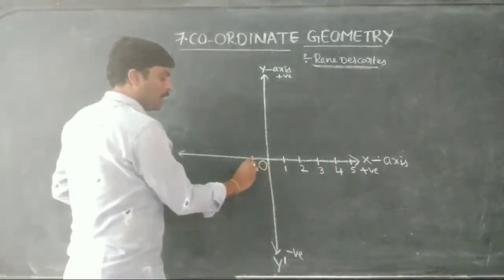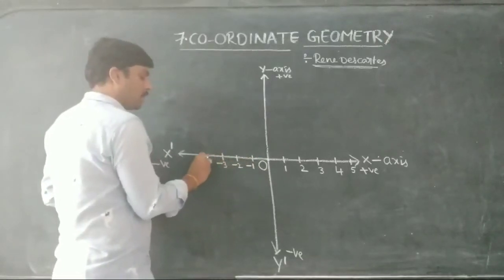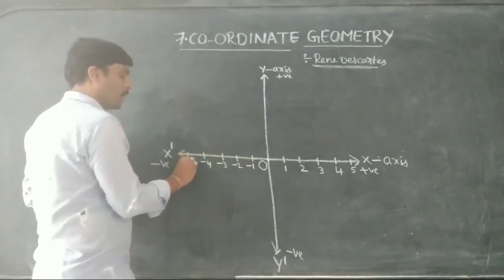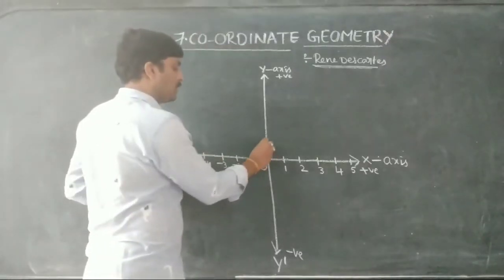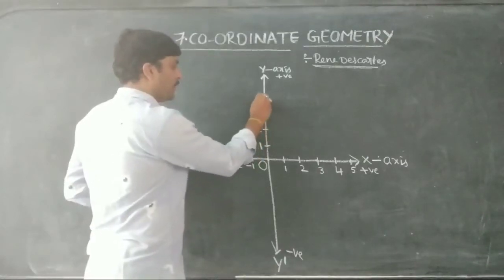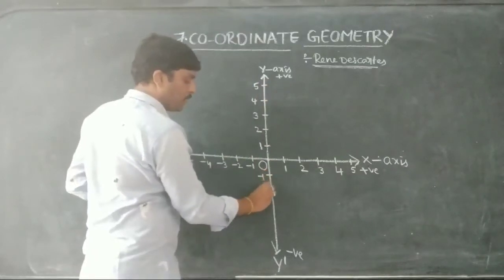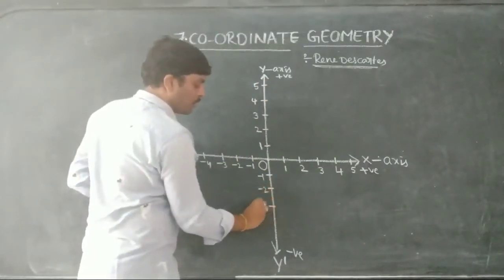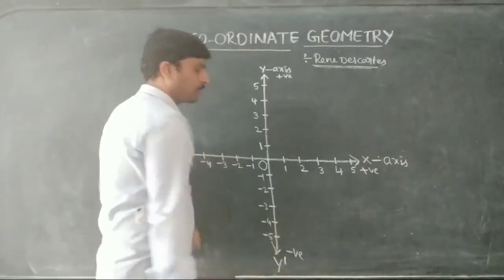Here on the left side -1, -2, -3, -4, -5 and so on. Same on the y-axis, 1, 2, 3, 4, 5, and here -1, -2, -3, -4 and -5.